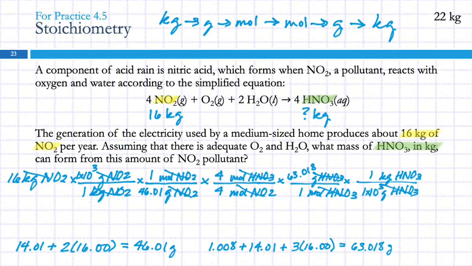So 16 times 1 EE3, divided by 46.01, times 4 divided by 4, times 63.018 divided by 1 EE3 equals... I did not mean to do that.